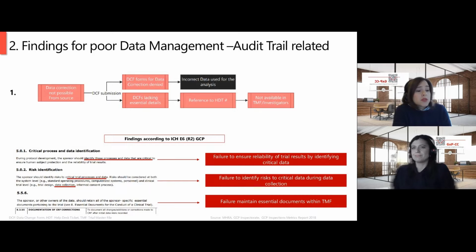Also, there was a failure to identify risks to critical data during data collection. And finally, a failure to maintain essential documents within the TMF, as according to the appendix of the ICH GCP, which is adopted by the EMA, documentation of CRF corrections is part of the essential documentation of a trial.